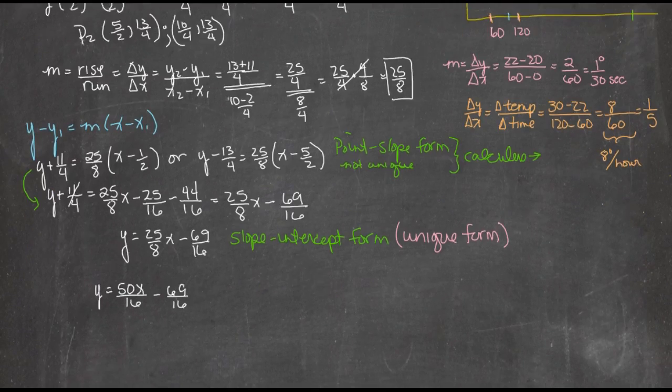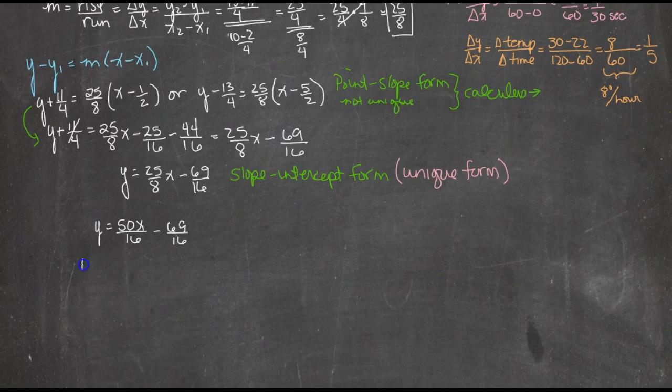And then if I multiply both sides by 16, I get 16y. So I've multiplied both sides by 16. Then I'm going to subtract the 50x from both sides. Equals negative 69, because once I multiply through by the 16, all that's left on this side is a negative 69. And this is standard form.